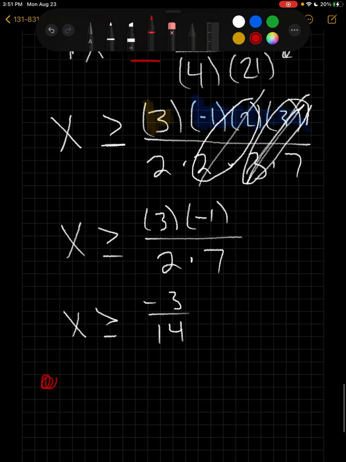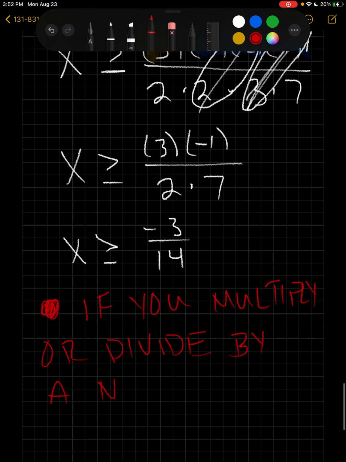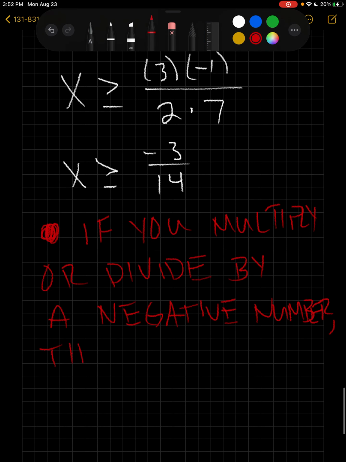And I want to leave us a big note here for your notes. If you multiply or divide by a negative number, the inequality symbol flips.